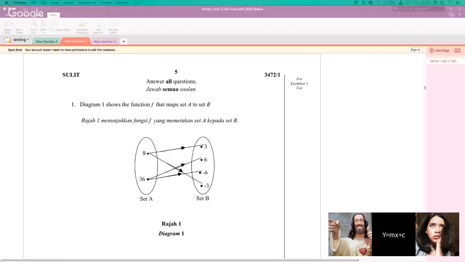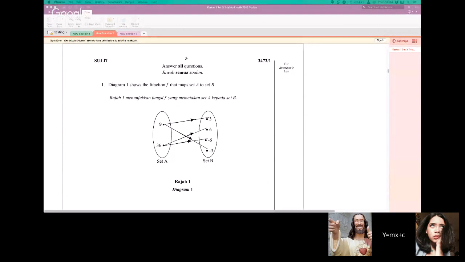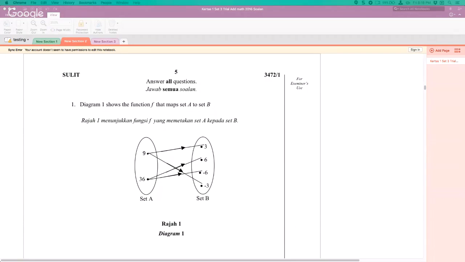Okay, it's over here. First I want to test that all of you can see the screen. You should be able to see the screen right now. Yes, okay, good. Then I will turn on the screen recorder.